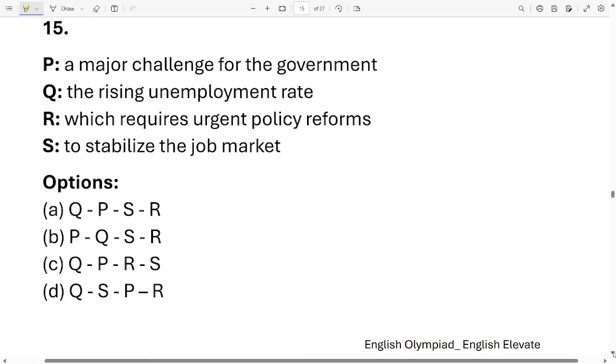Next one. These are the sentences: a major challenge for the government, the rising unemployment rate, which requires urgent policy reforms to stabilize the job market. These are the four sentences, rearrange them in proper sequence.